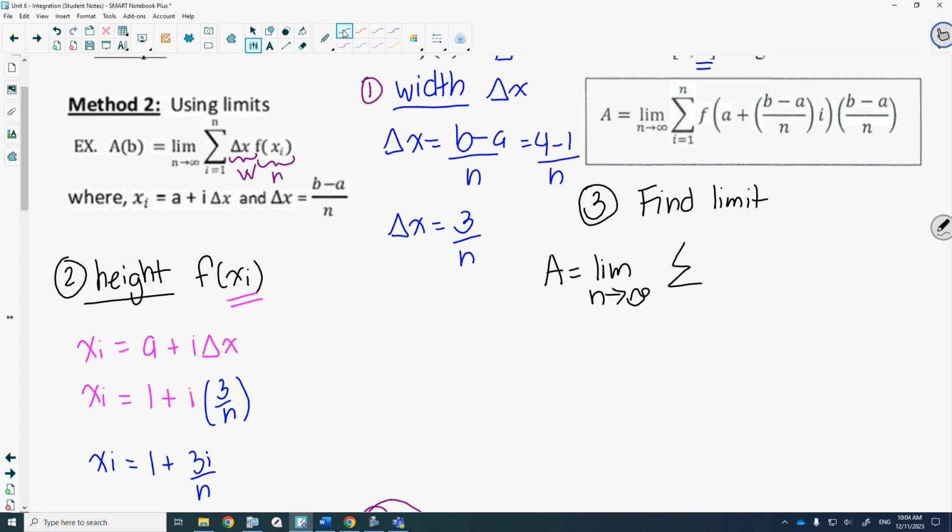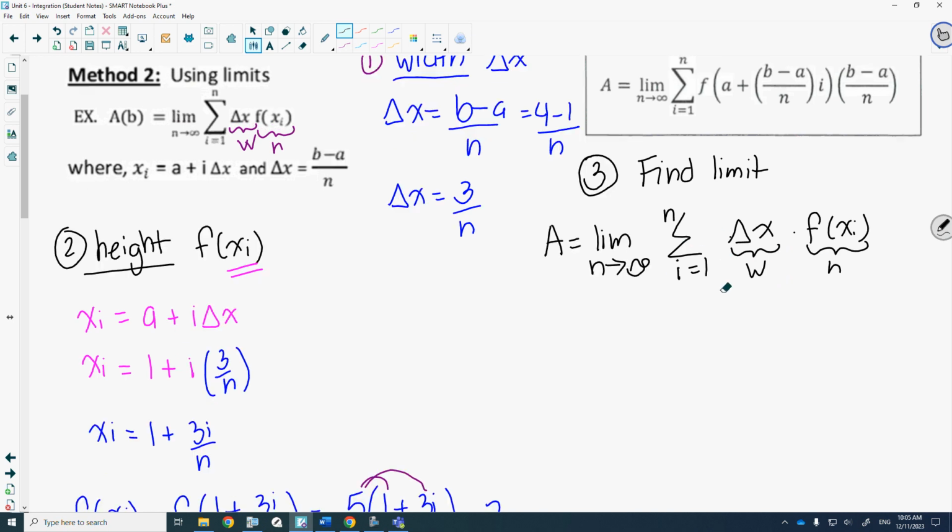And what we're going to do is sum up the area of each rectangle. The area of each rectangle is represented by the width of the rectangle times the height of the rectangle. This will give me the area of one of my rectangles, and I want to sum up infinite rectangles on that closed interval from 1 to 4.